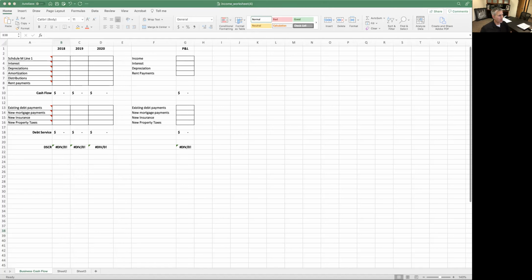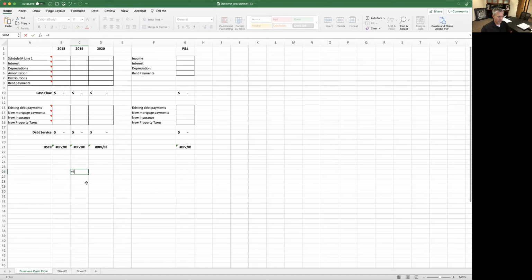So if you remember, they are going to do a loan and they are going to be putting 10% down. Remember that they're buying a building for $4 million.